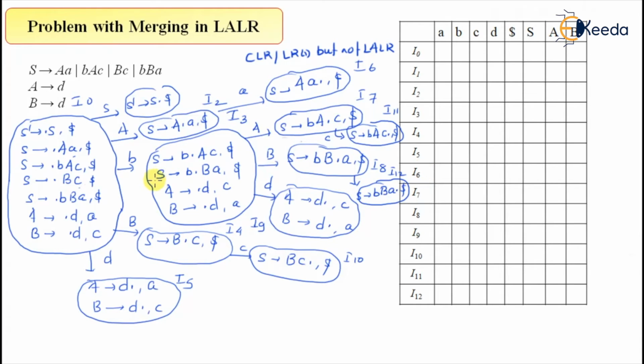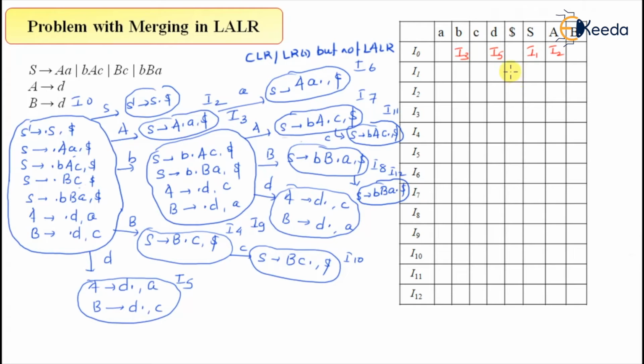Now we will fill this table, and look at whether we can finally do the minimization. I0 on input S is I1, on input A is I2, on input small b is I3, and on input d is I5.